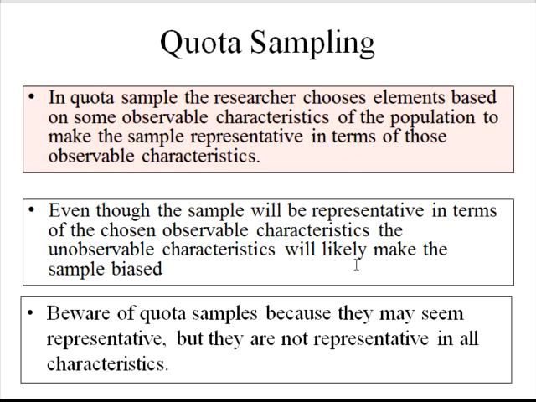Now, the sample will be representative in terms of those observable characteristics but not on all characteristics, right? Now, you need to be aware of this because they may seem representative, but they are not representative in all characteristics, and that's what we want in a sample.